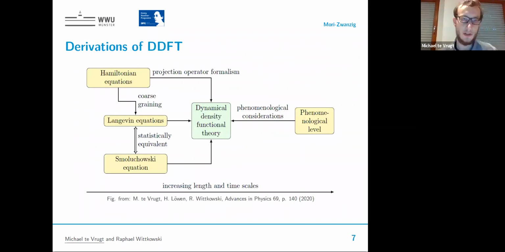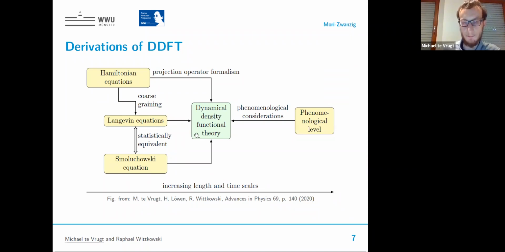Now I'm coming to the derivations of DDFT. I'm using here a picture from our review article to illustrate the various ways in which it can be done. You can do it phenomenologically by saying it has to be a diffusion-like equation driven by the gradient of a free energy. You can derive it, those are the two standard routes, from Langevin equations or from the Smoluchowski equation.